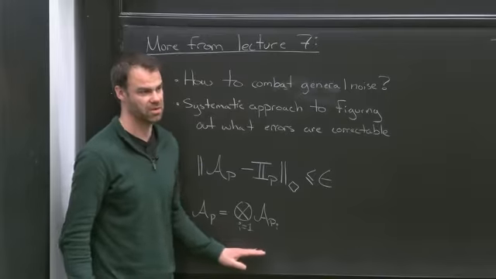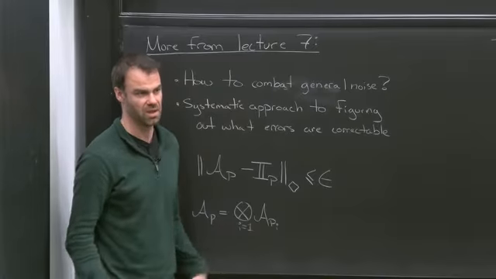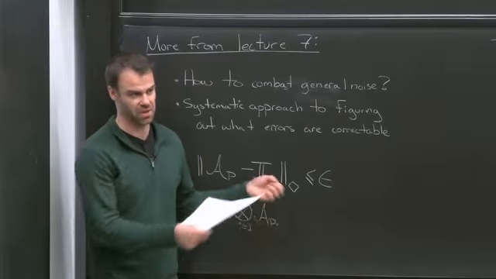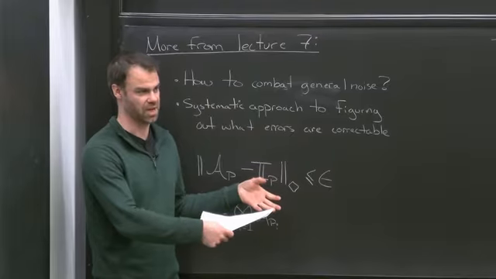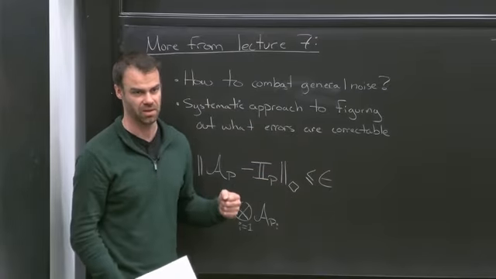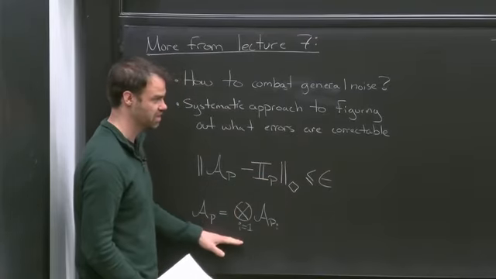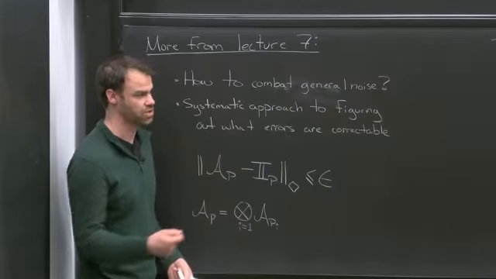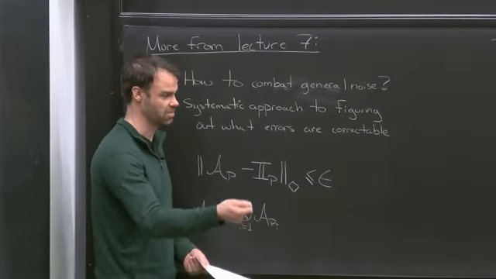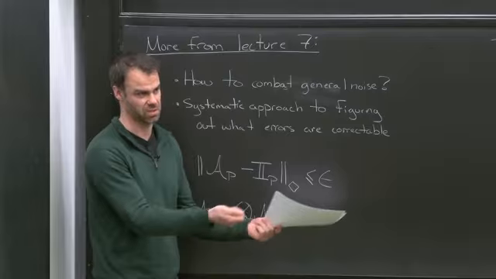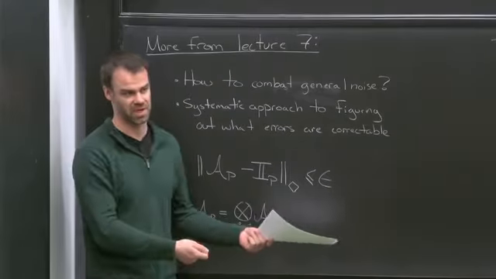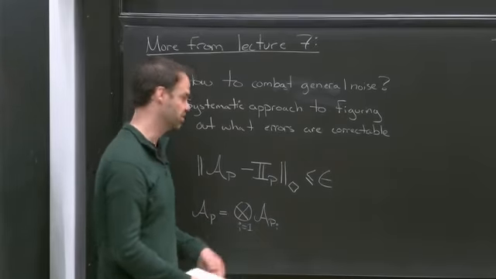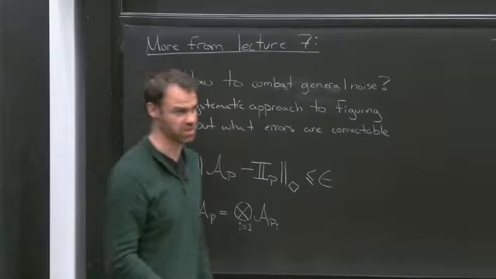For example, if I'm trying to communicate, taking each qubit and separately sending it over the channel, it would make sense if the noise on each qubit is independent. Writing this down is the quantum analog of saying that before, in the classical case, each bit I send over has some probability p of getting flipped, and those probabilities weren't correlated with one another. If the first bit gets flipped, it doesn't mean the next one is less likely to get flipped. It's independent noise. So this is independent noise in the quantum case.